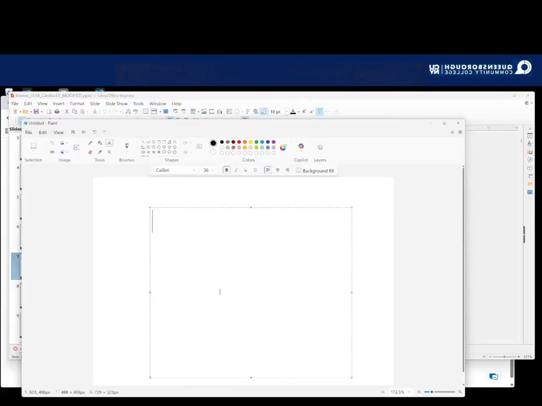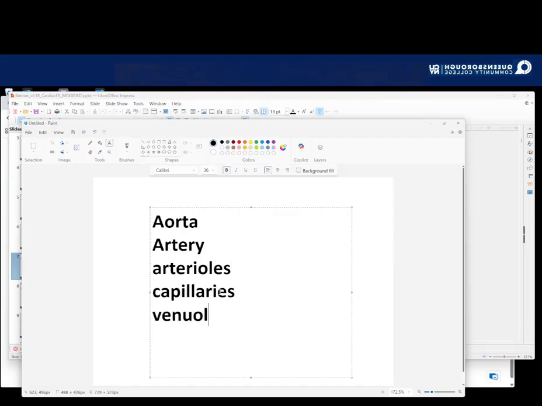So you can take out a pen and paper or your favorite text editor and just start going through aorta and then artery and then arterioles to capillaries to venules to veins to vena cava, etc., right?